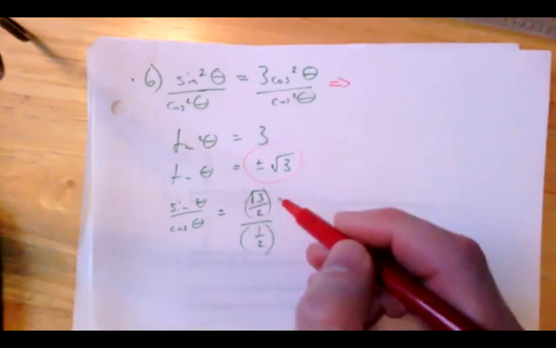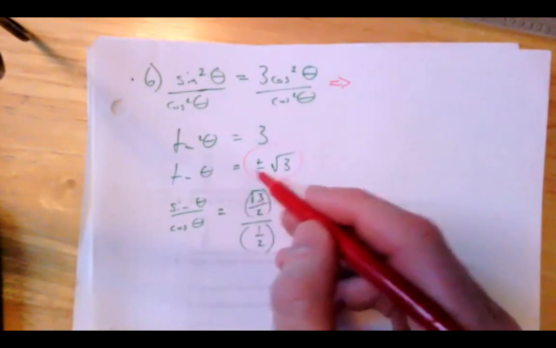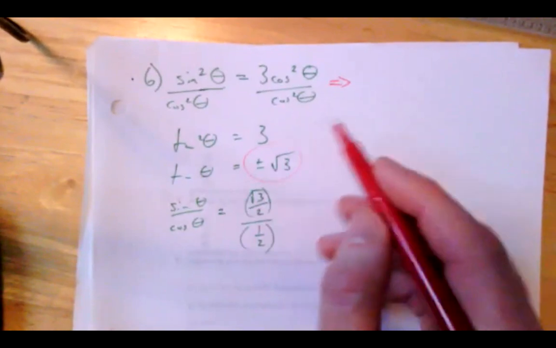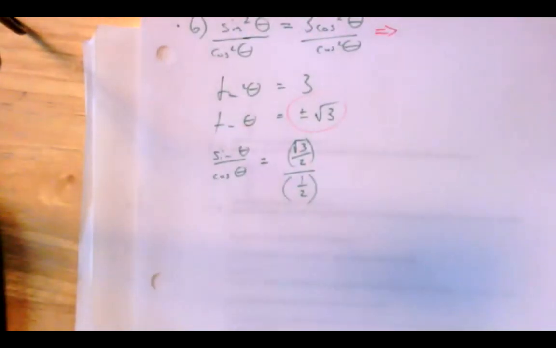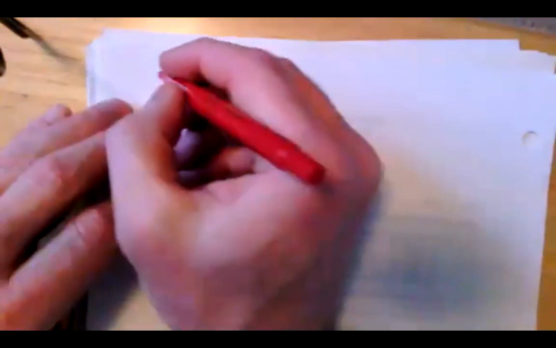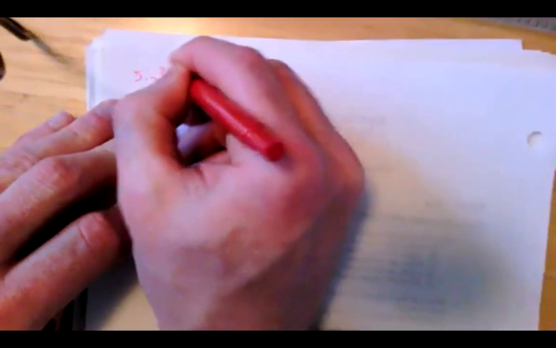And that's what I'm saying, because at the end of the day, you need to figure out what theta is. It's harder to do it this way. So I'll just rewrite this. Sorry, was everybody done with this? Okay. So it was sine squared of theta equals 3 cos squared of theta.